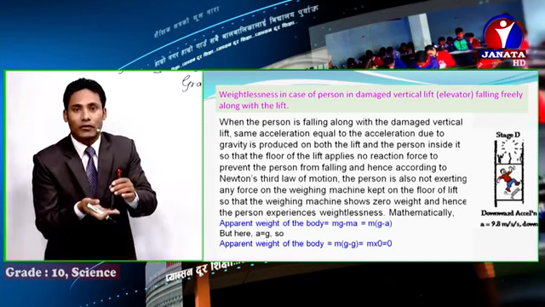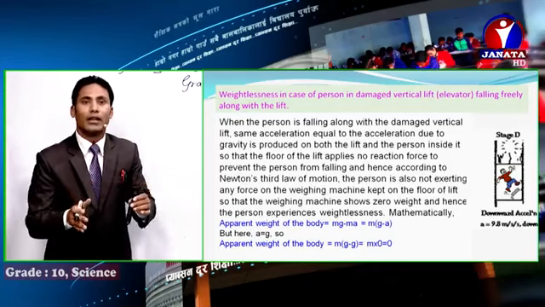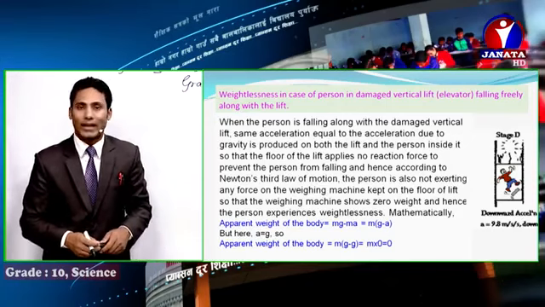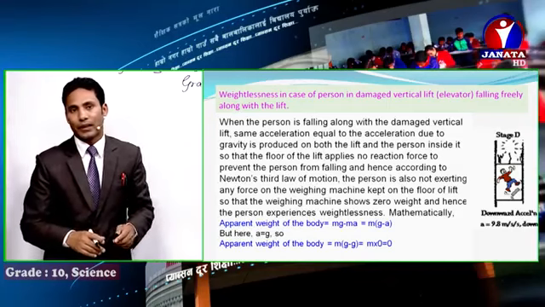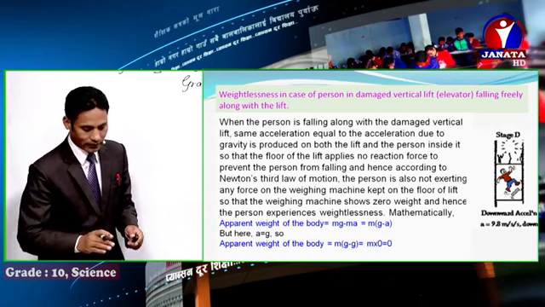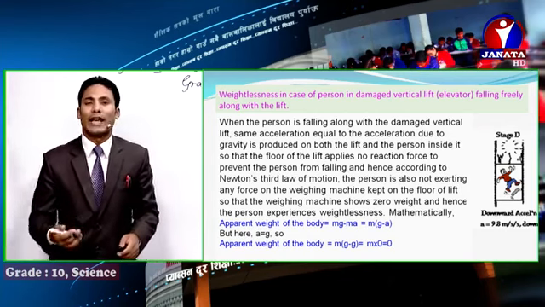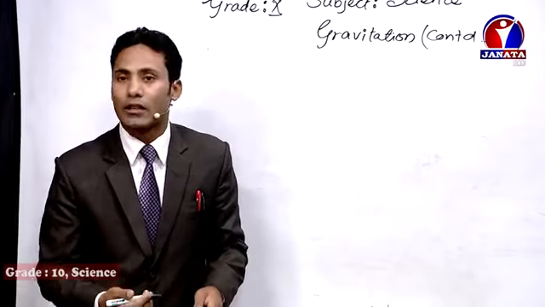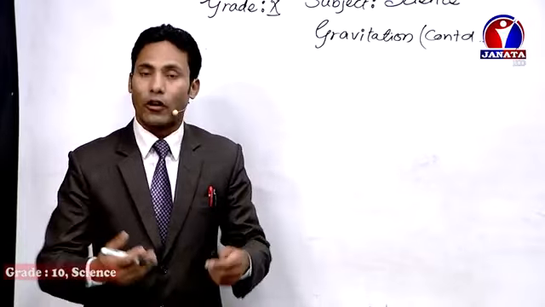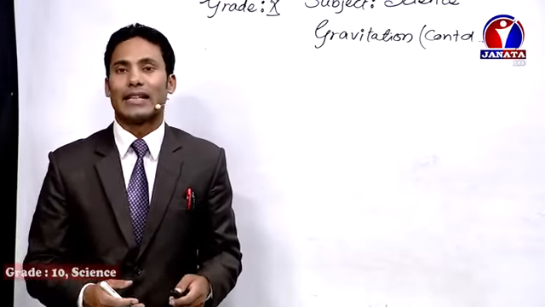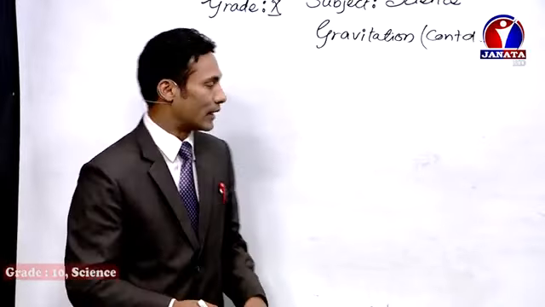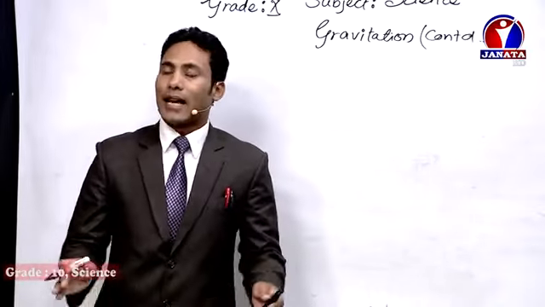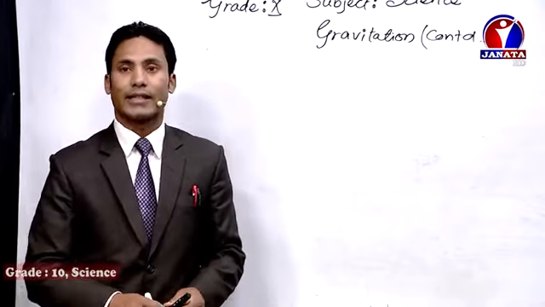Due to the lack of reaction force from the elevator, the person feels weightlessness when the elevator moves freely. That is the weightlessness. So these are the things we discussed in grade 10.